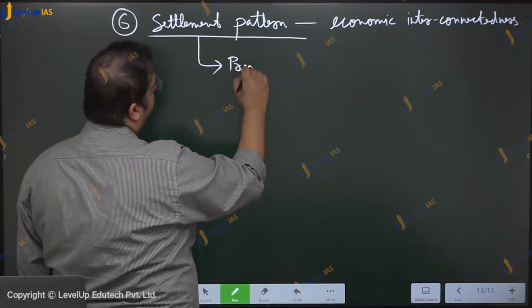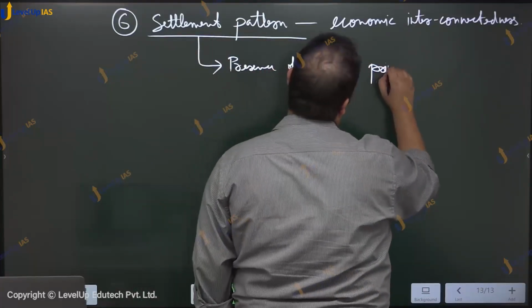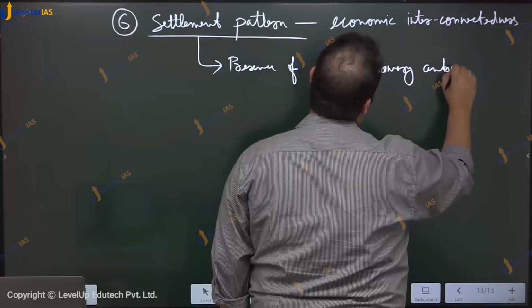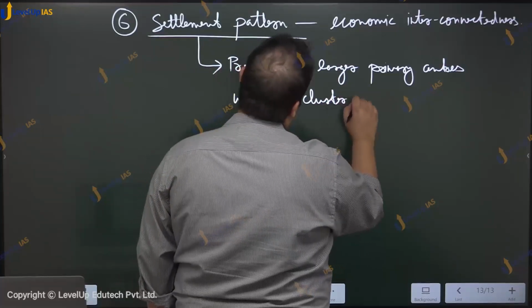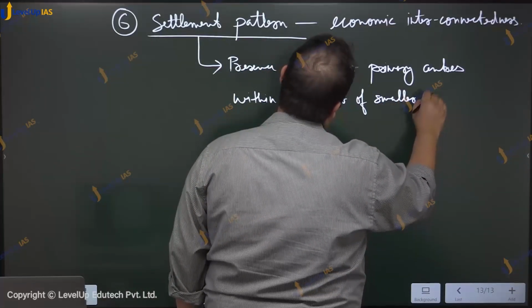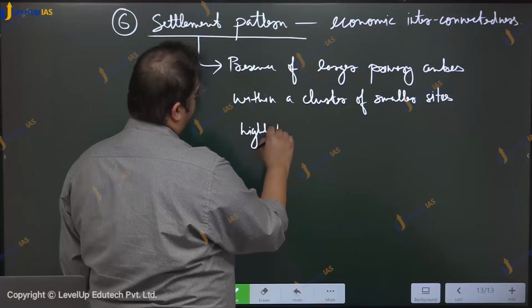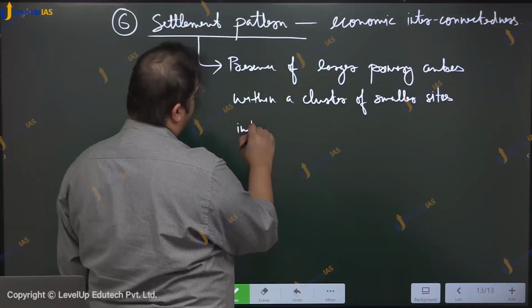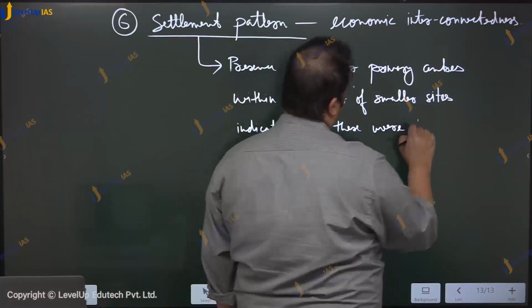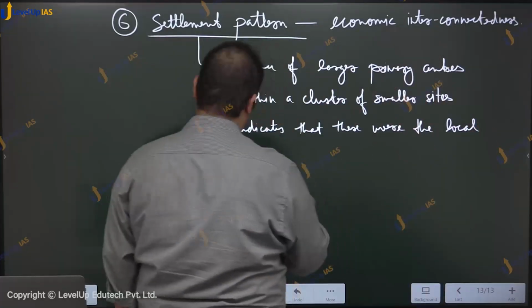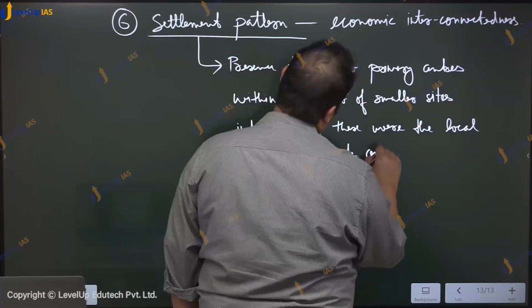The presence of larger primary centers within a cluster of smaller sites indicates that these were the local production and trade centers.